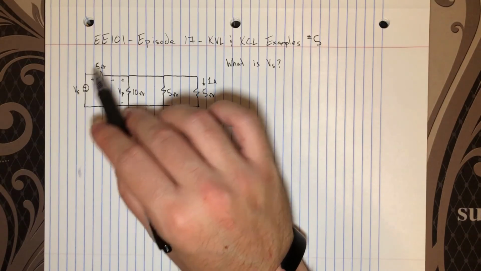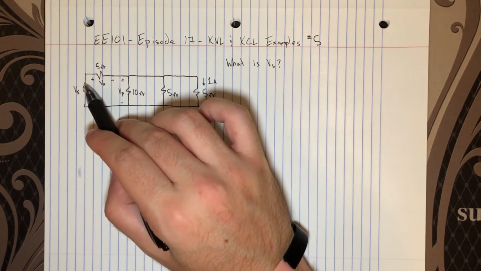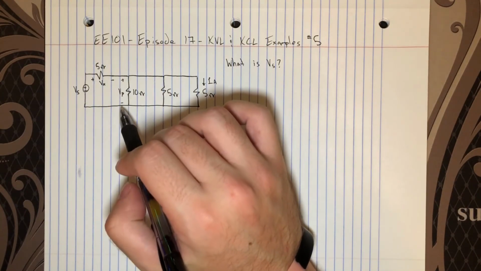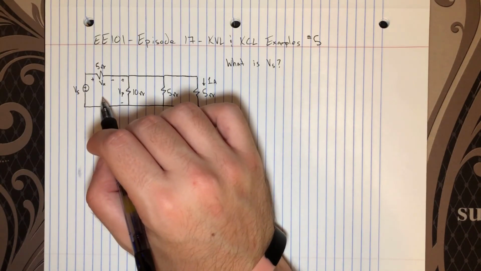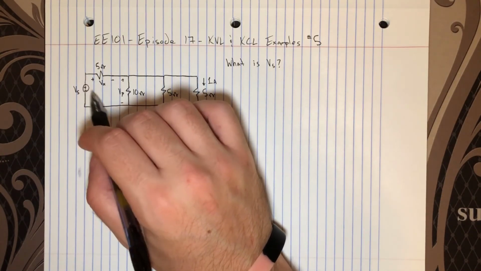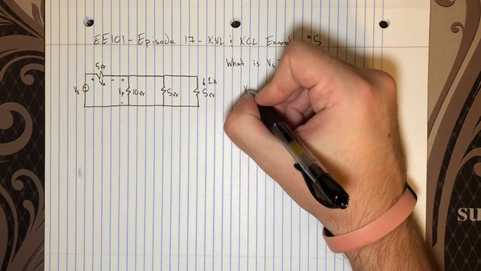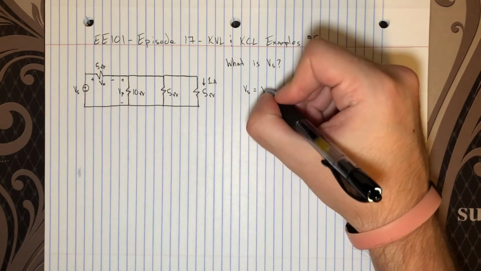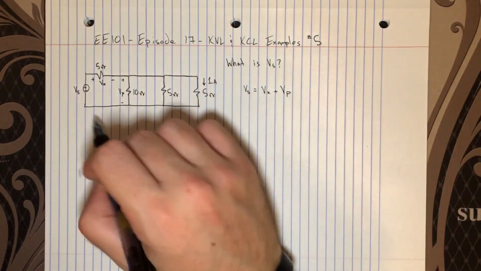So if I go around this loop, I'll say that as I step up, that's one polarity, and as I step down voltages, that's another polarity. So I'm going to say that they all sum to 0, or the step ups equal the step downs. So Vs equals Vx plus Vp. And that's the starting KVL.